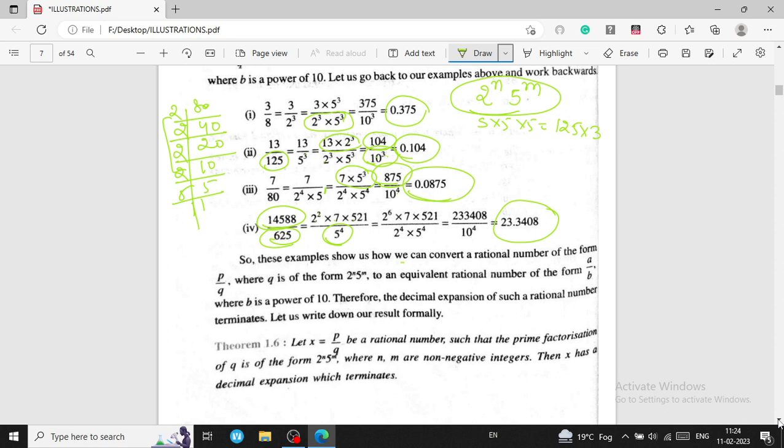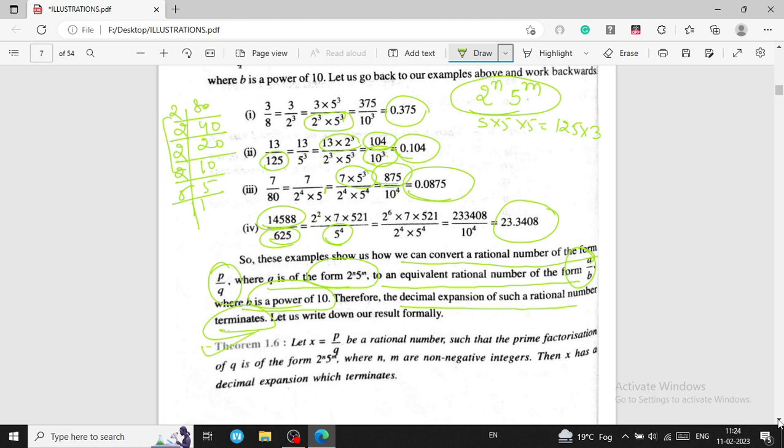Here we can say we convert a rational number of the form p over q, where q is in the form of 2 raised to power n and 5 raised to power m, to an equivalent rational number of the form a over b, where b is a power of 10. So the decimal expansion of such a rational number terminates, and that's why we use this formula.